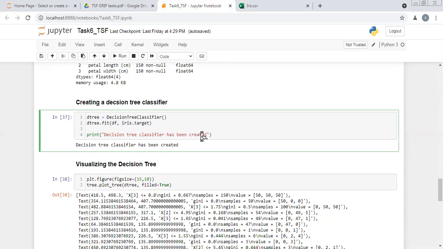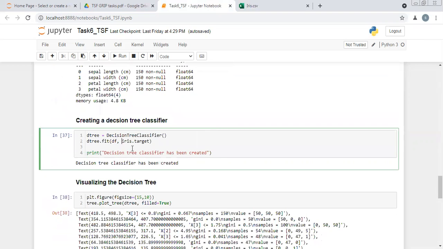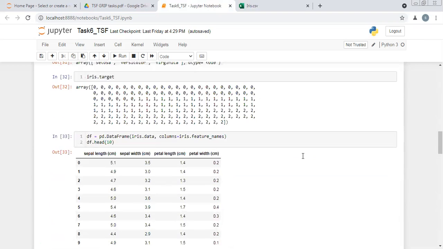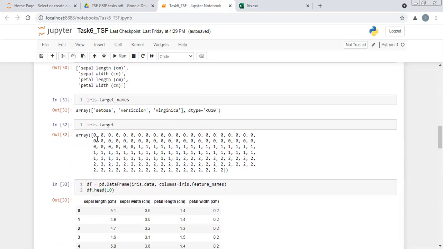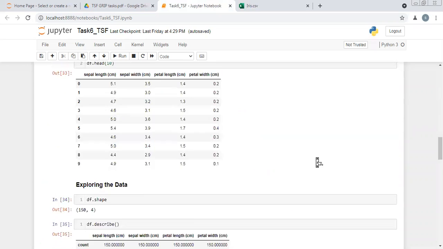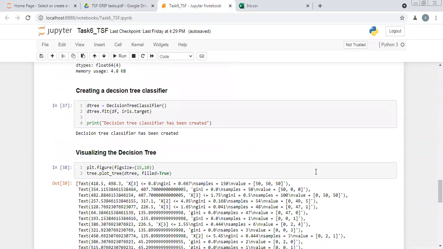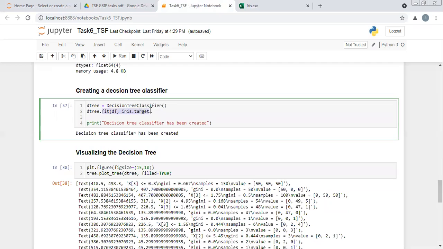One is df, the data frame that we have created, and the second is iris.target. iris.target will be these encoded values, because we have to predict this, so we passed it as our second parameter, and the first parameter we passed is the data frame. This fit function will create the decision tree classifier, and you can see that the decision tree classifier has been created.